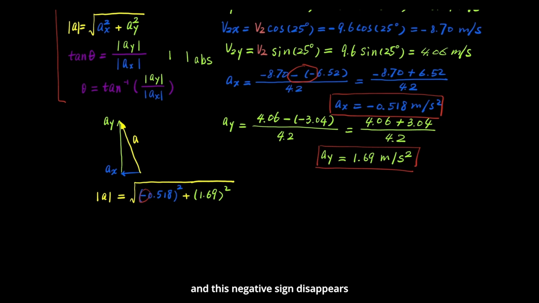And this negative sign disappears once we square it, right? Negative times negative is positive. So we have the square root of 0.268 plus 2.856. And this gives us 1.77 meters per second squared.